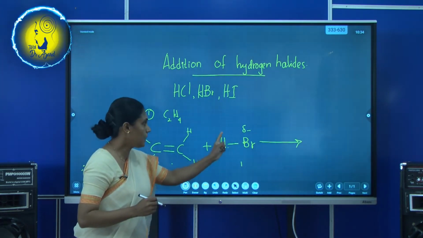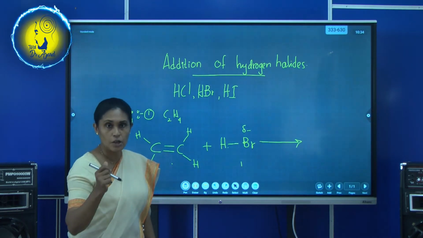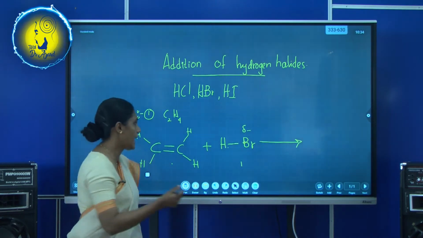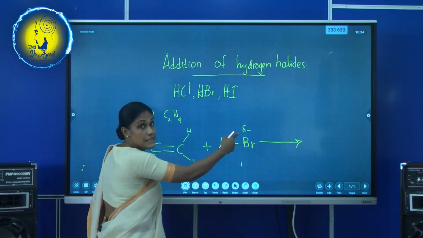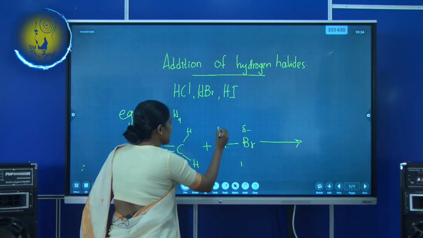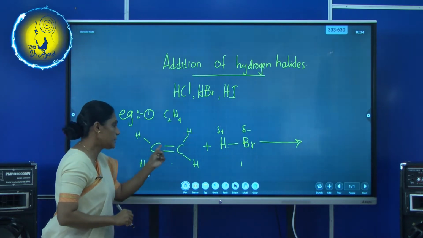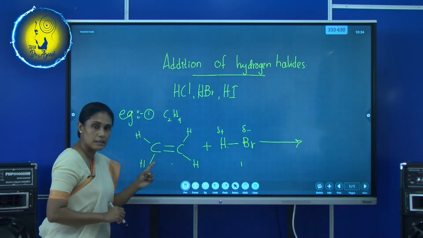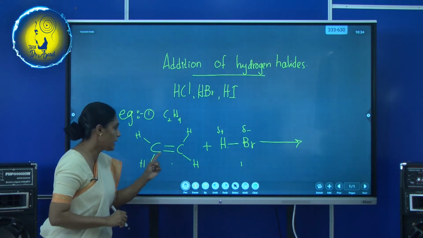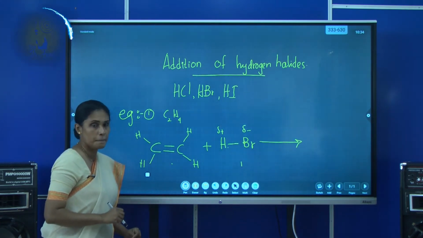Hydrogen and bromine, there is a partial polarity. There is a simple polarity, that's why we are using delta. Delta minus and delta plus. Due to this, what will happen to the double bond? They help to break the double bond, right?